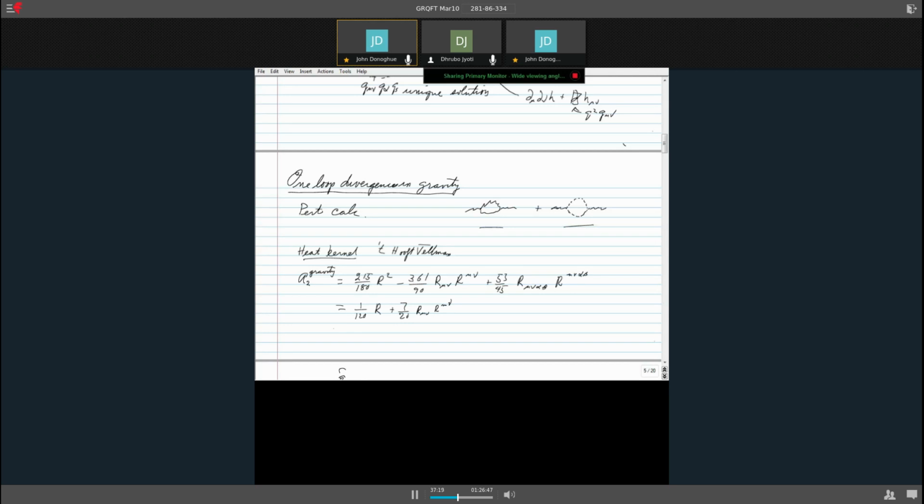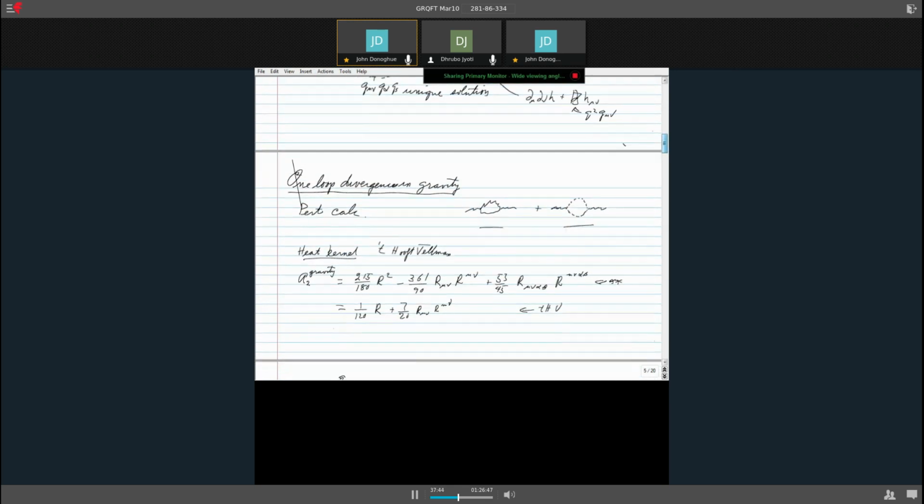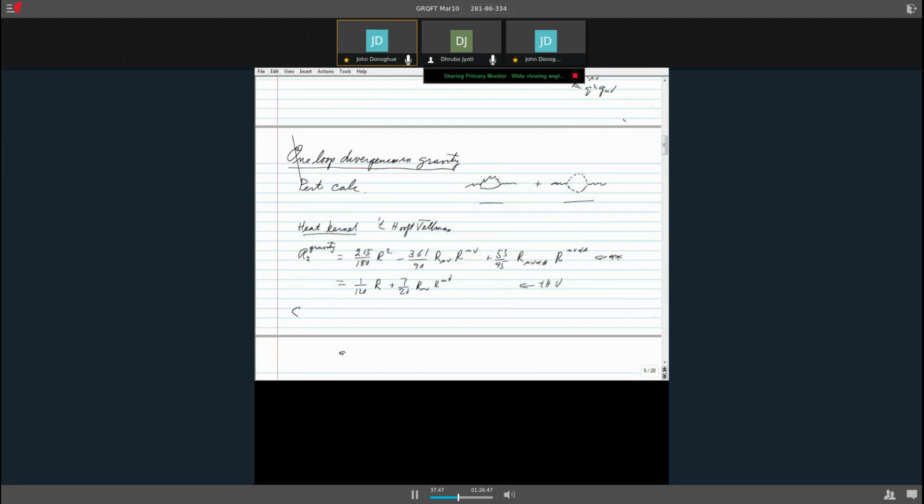And the answer is the following. This is the a2 coefficient for gravity. If you carry all the terms along, it is 215 over 180 R squared minus 361 over 90 R mu nu R mu nu plus 53 over 45 R mu nu alpha beta R mu nu alpha beta.